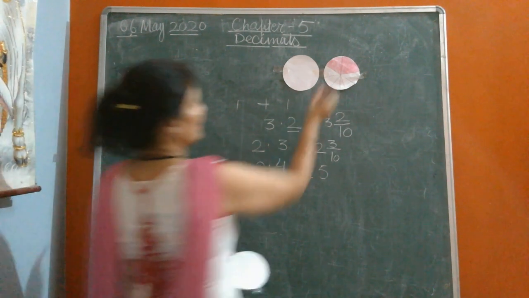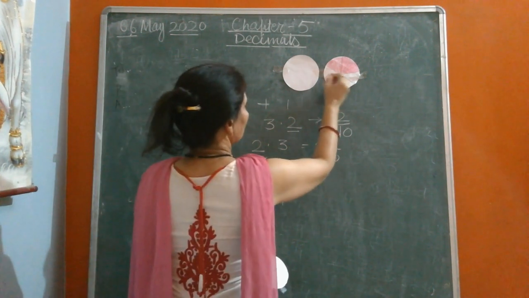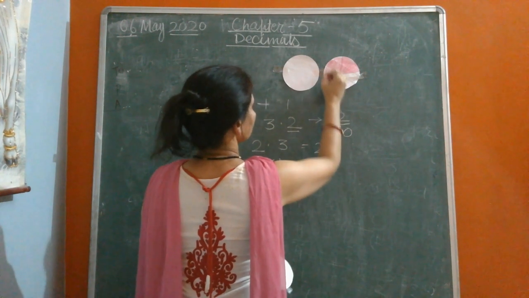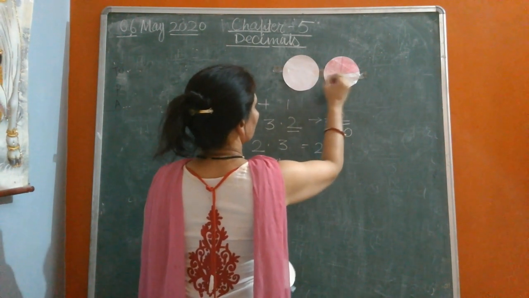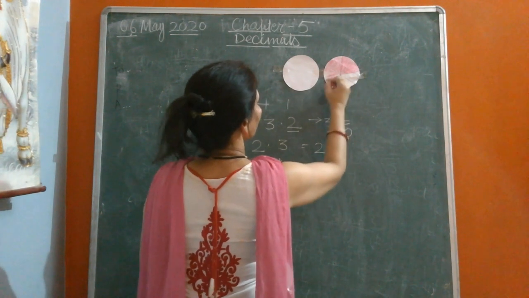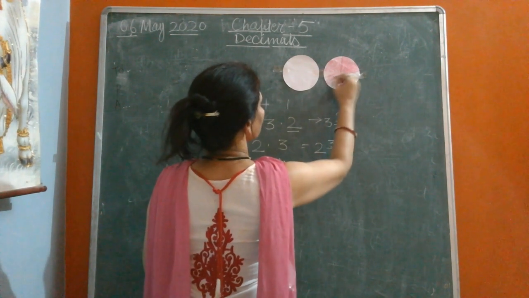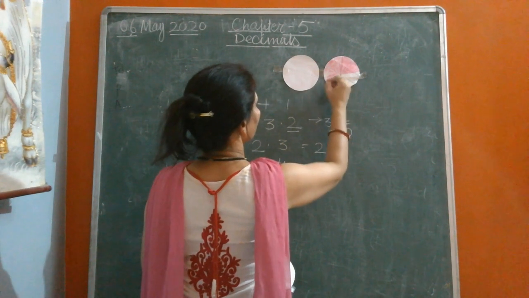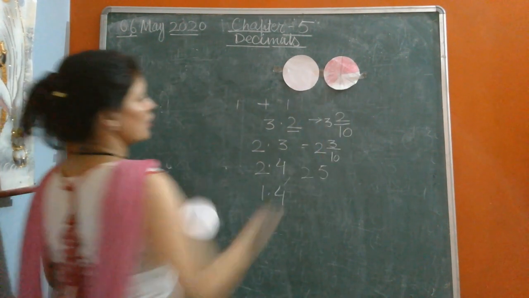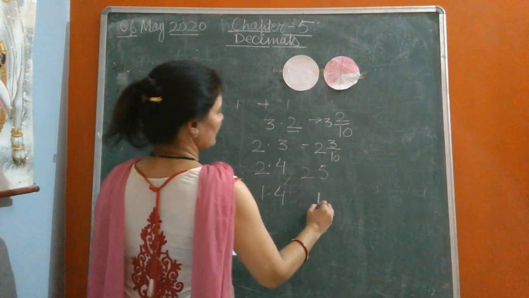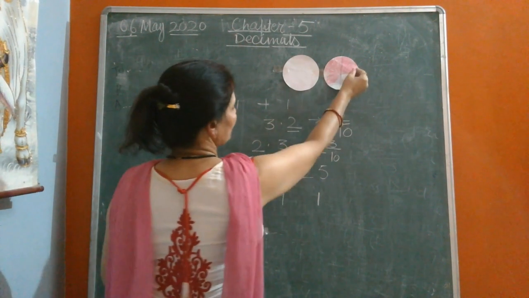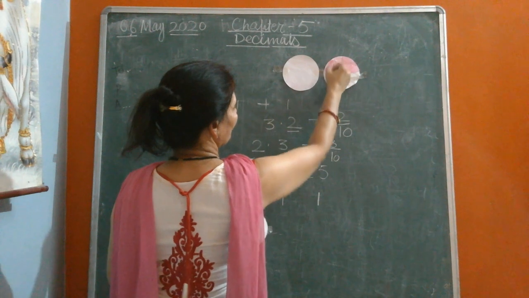If we shade two parts more, now how many parts of 10 are filled? 1 is whole, and 6 parts are filled: 1, 2, 3, 4, 5, 6.